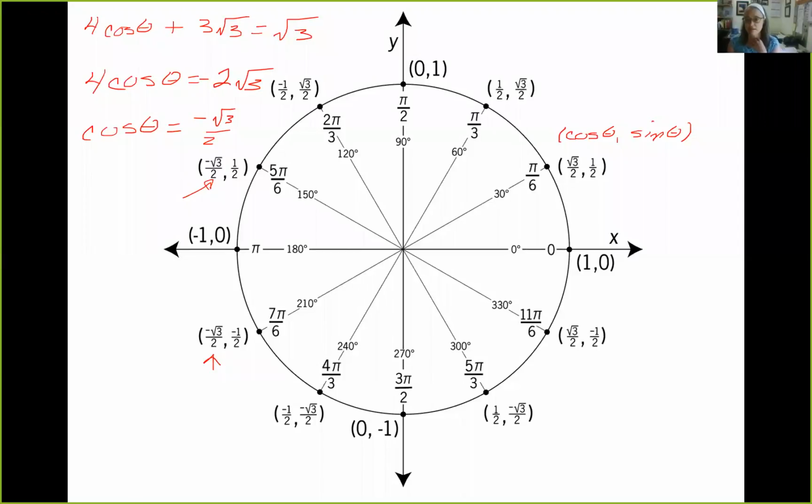So the angles are 5 pi over 6 and 7 pi over 6 radians, or 150 degrees and 210 degrees. Okay? All right.